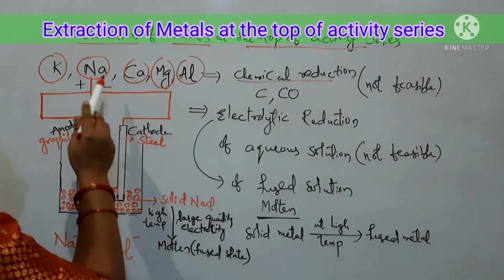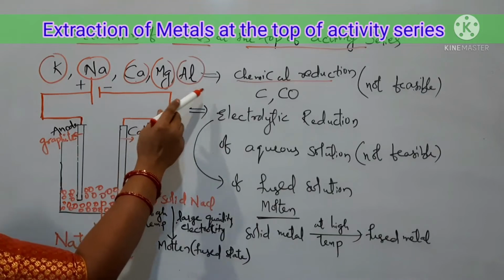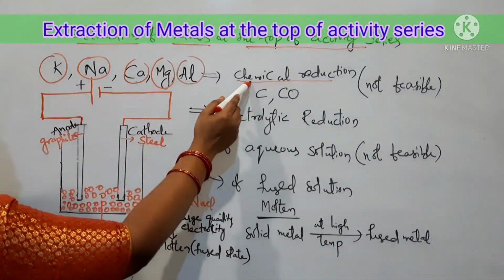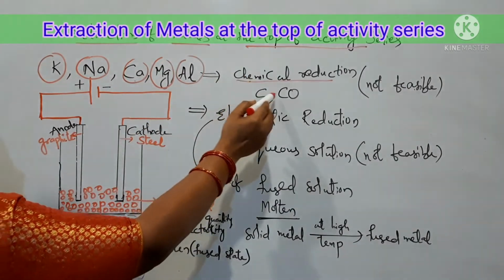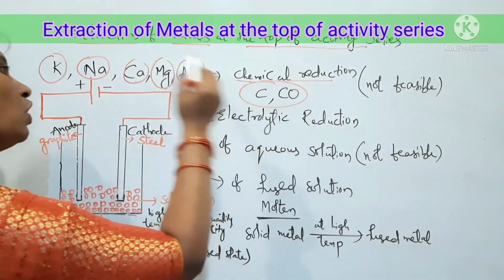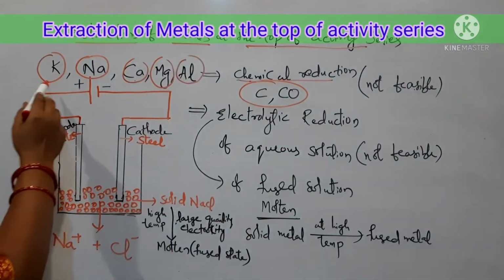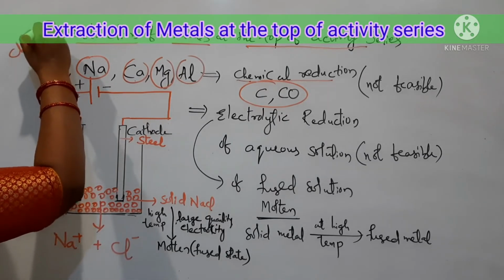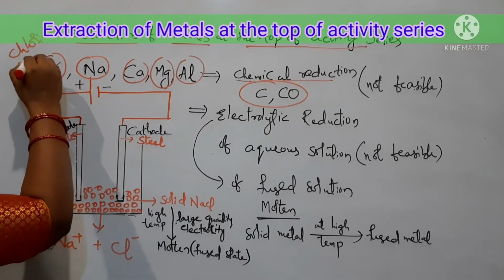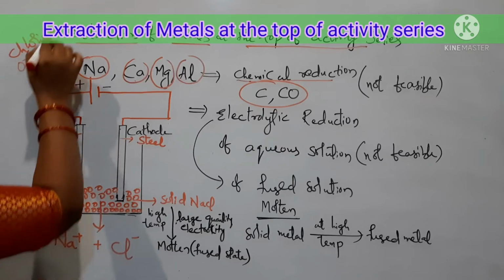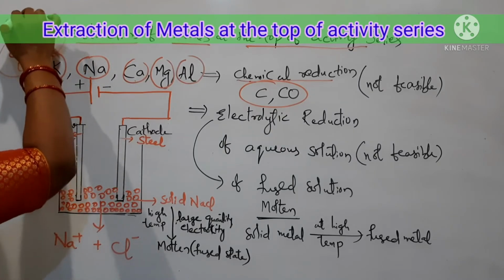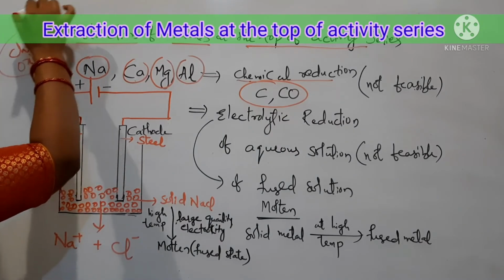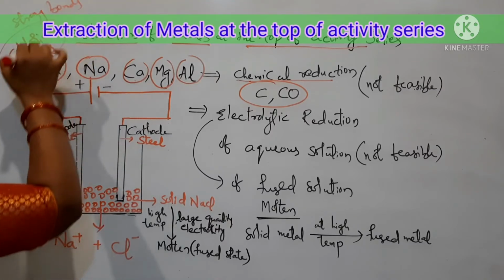These topmost metals in the activity series are not reduced by using chemical reductions, that means by using reducing agents like C and CO, like the middle of the activity series. Most of these elements are mostly found in the combined states as chlorides and oxides. And these chlorides and oxides are formed with strong bonds because these metals are highly reactive.